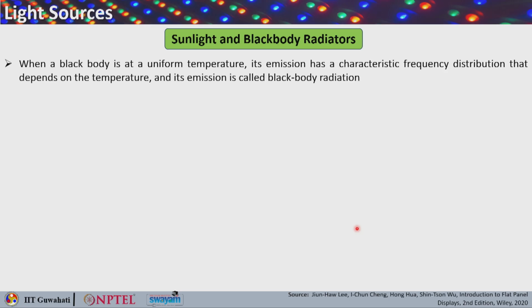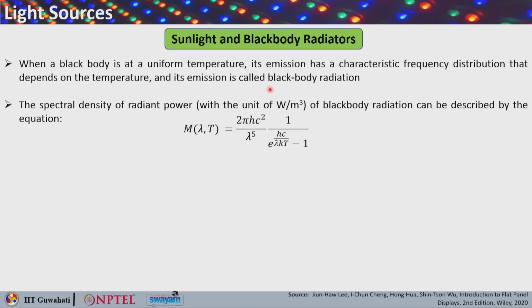Now, when a black body is at uniform temperature, its emission has a characteristic frequency distribution that depends on the temperature, and this emission we call black body radiation.